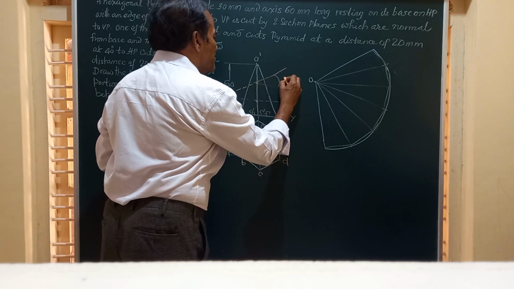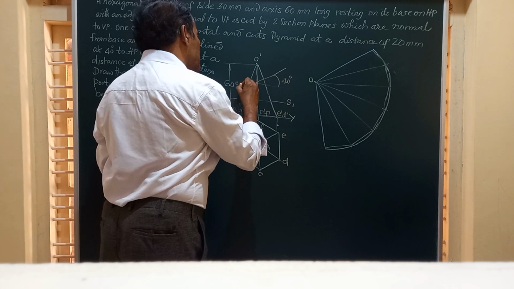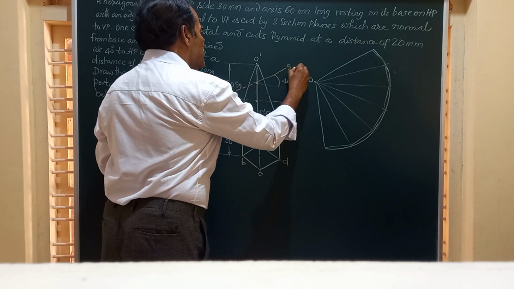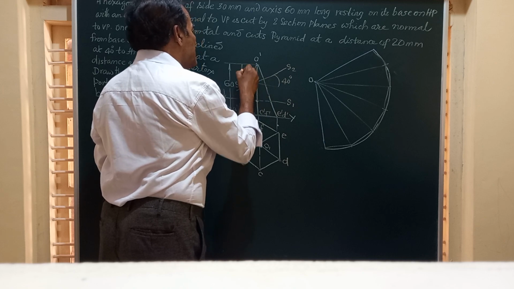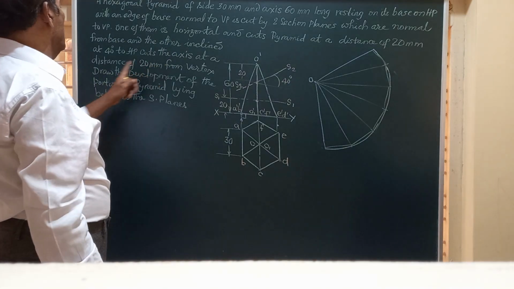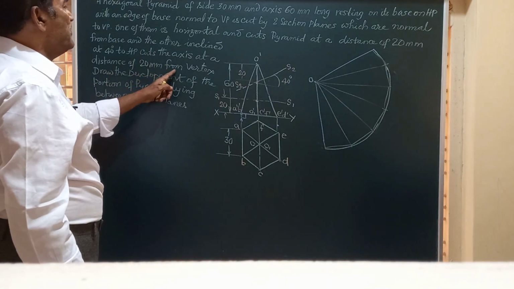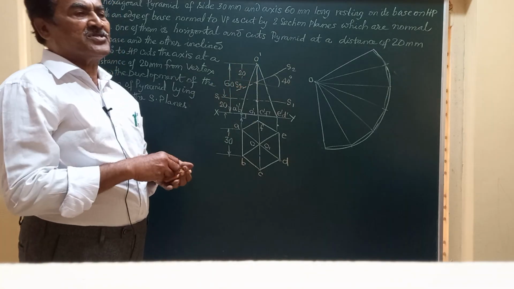Say this is the line we have got, 40 degree. This is our section plane S2, S2 and this again is at a distance of 20 millimeter from the vertex. So we have drawn two section planes.